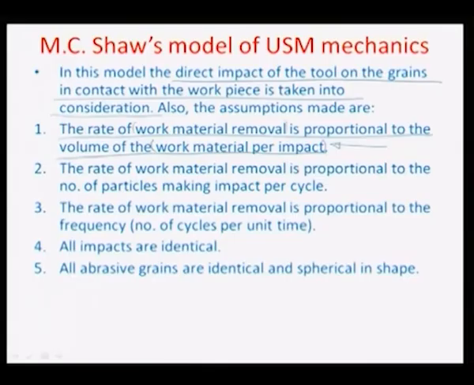At least this should be proportional to the work material removal rate, because the other factor that it will depend on is the operating frequency of such plowing action removing the work material. The rate of work material removal is also assumed to be proportional to the number of particles making impact per cycle.